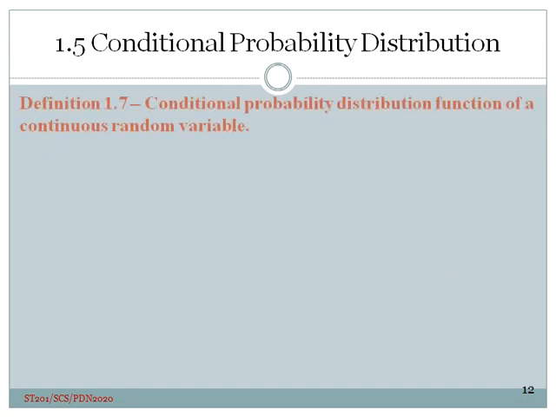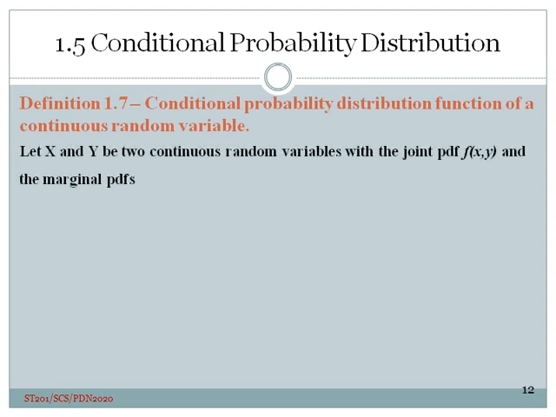Now let's define for the continuous situation. Let x and y be two continuous random variables with the joint PDF fxy and the marginal PDFs fx and fy respectively.